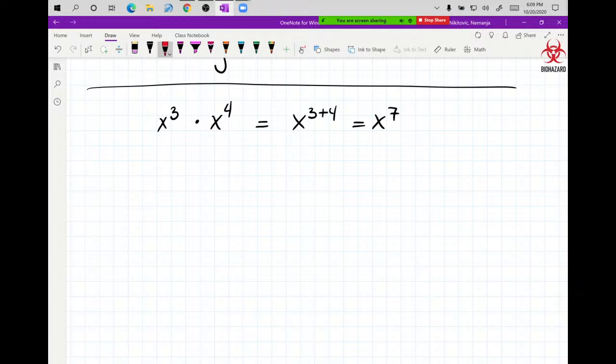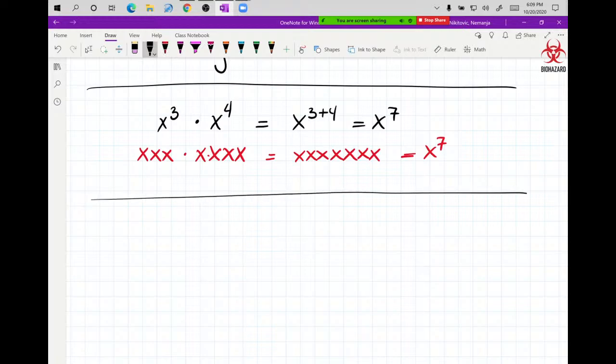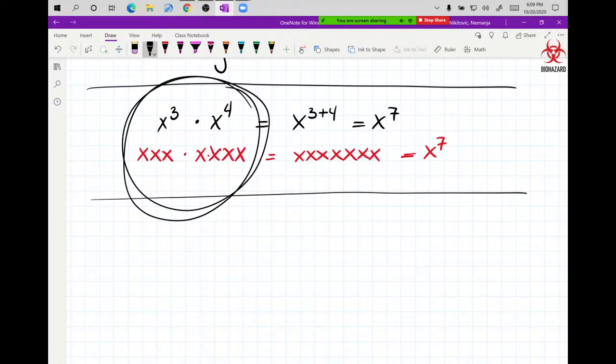But if you write this out, the first has 3 x's in it, so x, x, x, times the second, which has 4 x's in it. These are all multiplied together, so all I get is 7 x's, which is x to the 7. That's why it works. Every time you have this product rule, you can either know what you're supposed to add and subtract, or you can write it out.